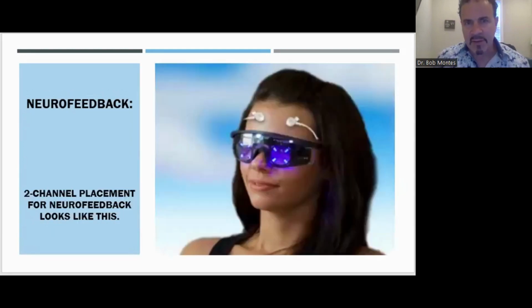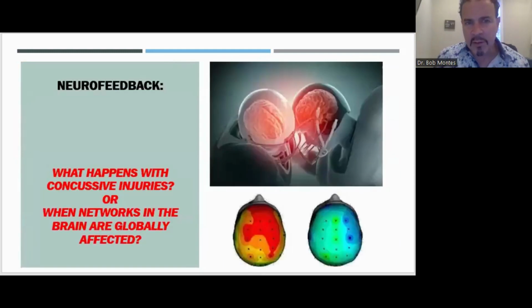Here's a picture of a two-channel neurofeedback system where the person is wearing entrainment glasses and the leads are placed in one of the most common areas, which is the frontal lobe. But I've always wondered, and was wondering at that time, what would you do for more global injuries? For example, with concussive injuries or when entire networks of the brain are globally affected.